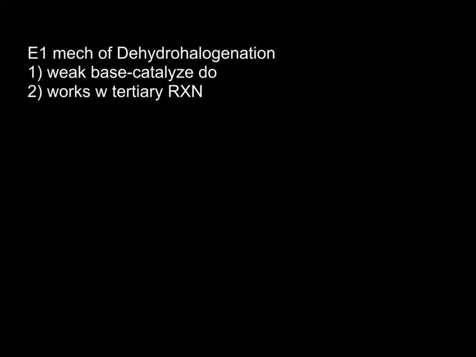So, what I was saying before, if it's E2, that means the rate depends upon the concentration of two different things in the rate limiting step. But it's a little different than what happens with alcohols. Let me just type out some things here. So for E2, dehydrohalogenation, this is what they noticed.